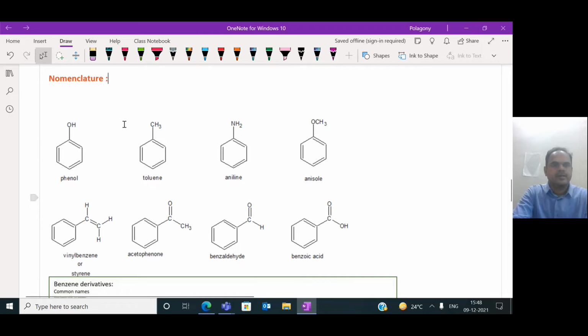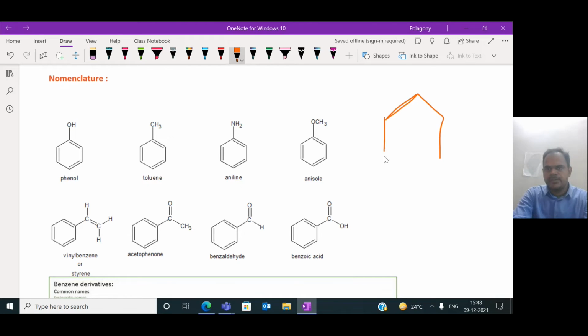we write, for example, benzene. We must know the IUPAC name of benzene. Benzene has 6 carbon atoms, and alternate double bonds are present.